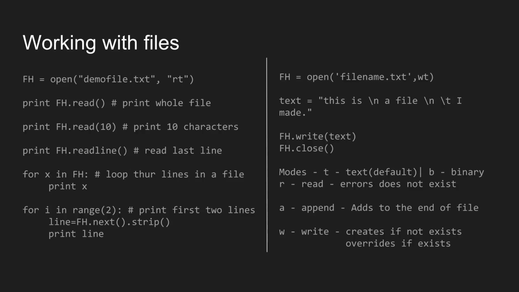I'm thinking readline reads the first line of the file. And then if you want to loop through the file, for x in FH, this loops through the lines from the top to the bottom of the file.